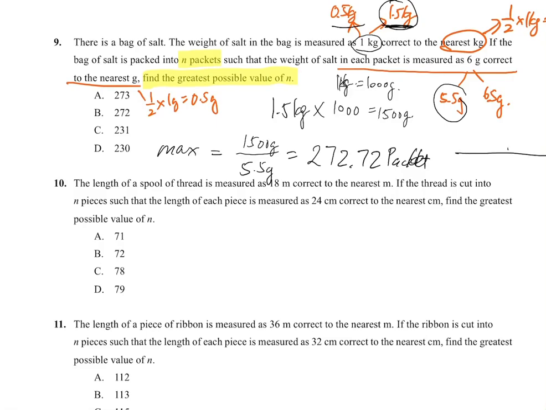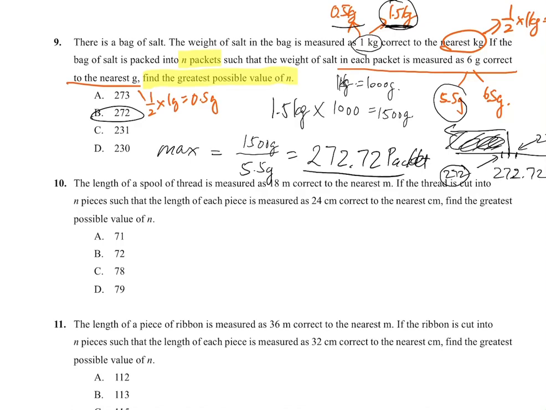If you look at it from a number line point of view, it needs to be less than or equal to that value. Since the unit is packets, a packet is a whole number. There's 272 on this side and there's 273 on this side. However, because we are talking about this region only, we can only make 272 packets. Do not just blindly round it off, even though it's a number you could round off to 273.